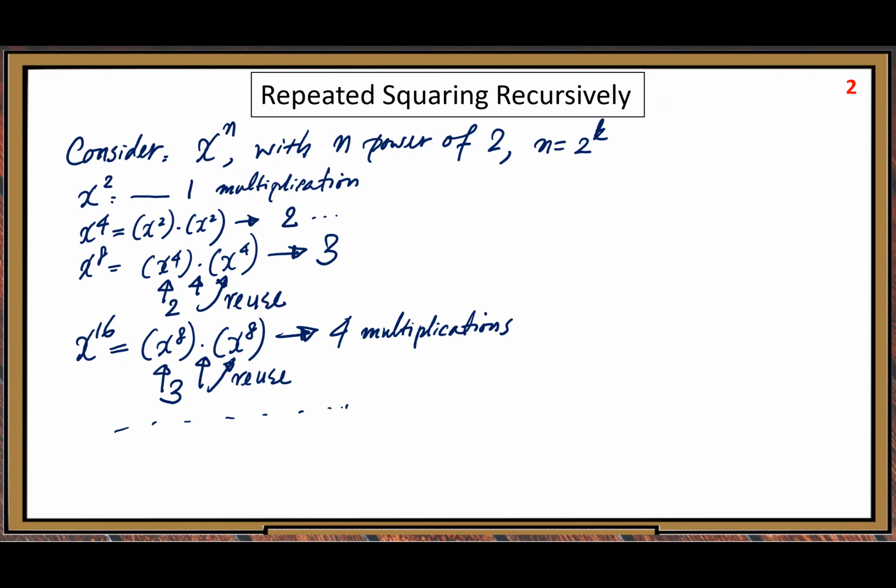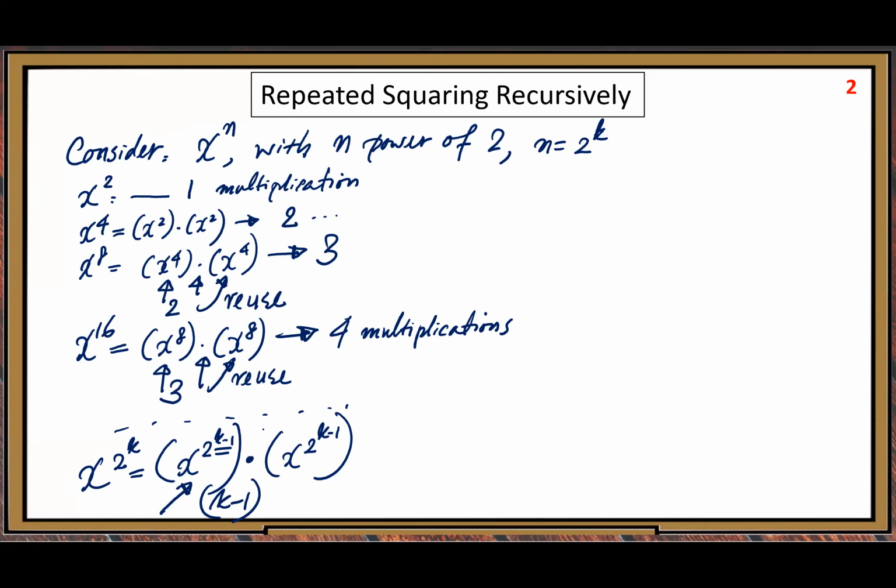All right, that's enough. We can go until we reach x to the power of 2 to the kth. For x to the 2 to the k, that is x to the 2 to the k minus 1, dot, another copy of x to the 2 to the k minus 1. The first one we pay k minus 1, just one less than the exponent.